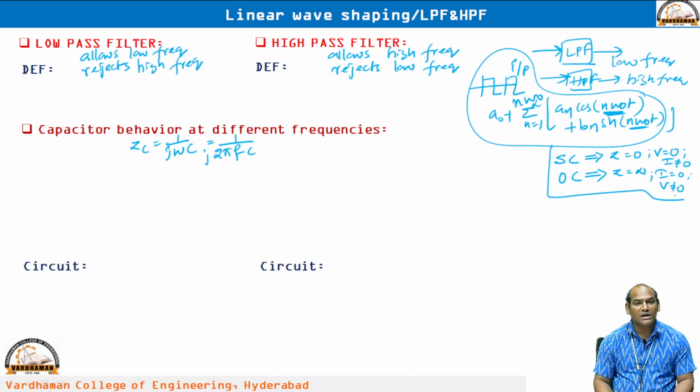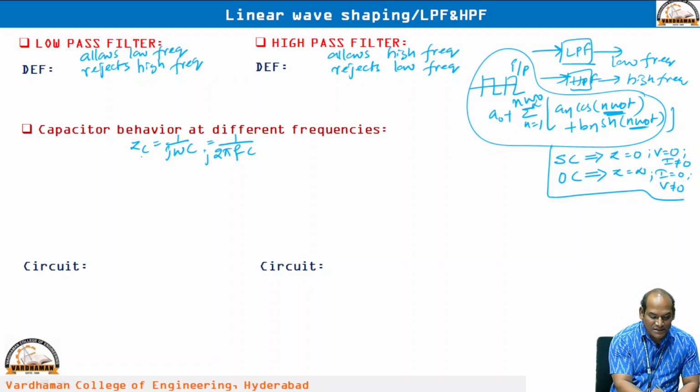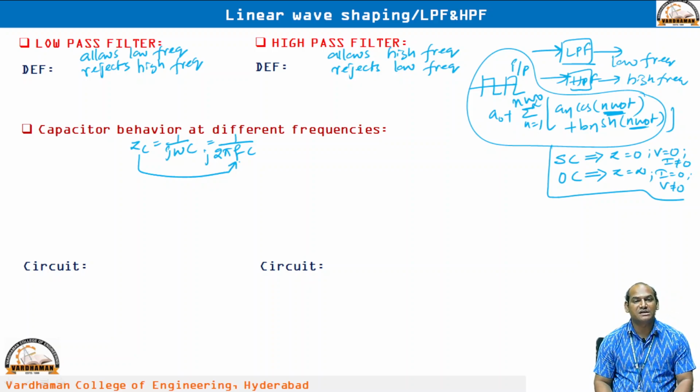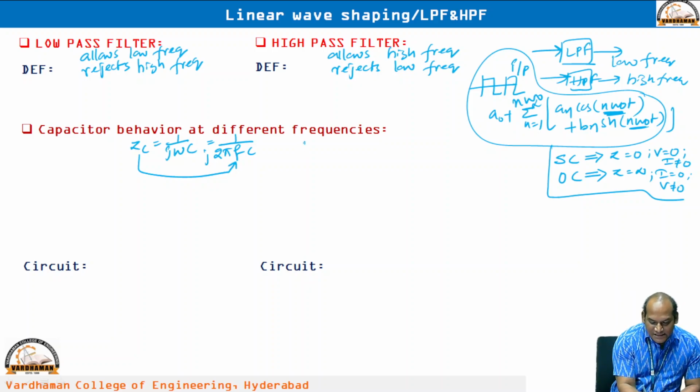The impedance offered by the capacitor, if you see the formula, is 1 by j 2 pi f c. By seeing the expression itself, we can come to the conclusion that impedance is based upon the frequency. For a DC signal, frequency is 0.